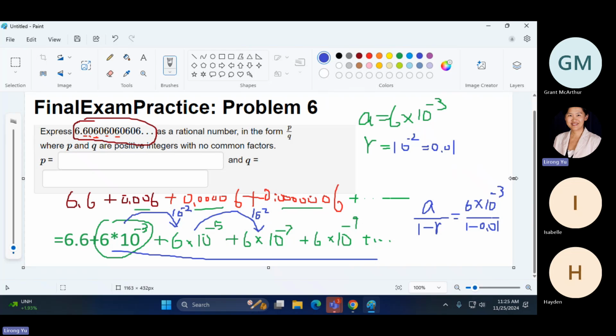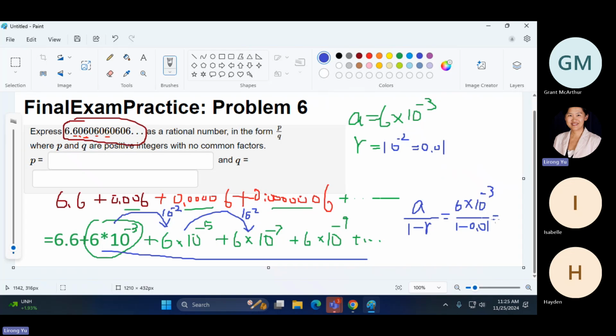So the numerator essentially is 0.006, with 3 zeros before. Basically, if you have an integer with that many zeros before the number, that's a negative power. And the denominator is 1 minus 0.01, and that's essentially 0.99.